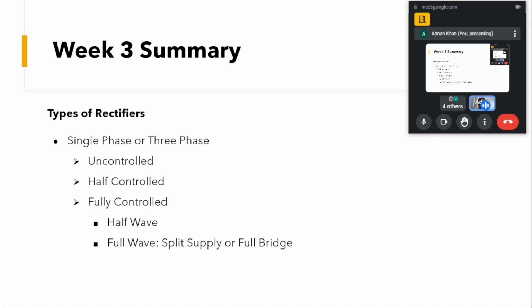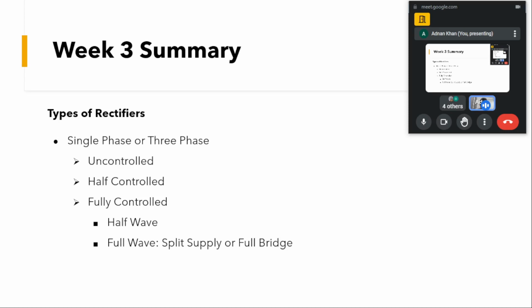In half controlled, we have a combination of both uncontrolled and controlled devices. Let us say we have a full wave full bridge rectifier: in uncontrolled we'll have four diodes, however in the half controlled or partially controlled one, we'll have two diodes and two thyristors.